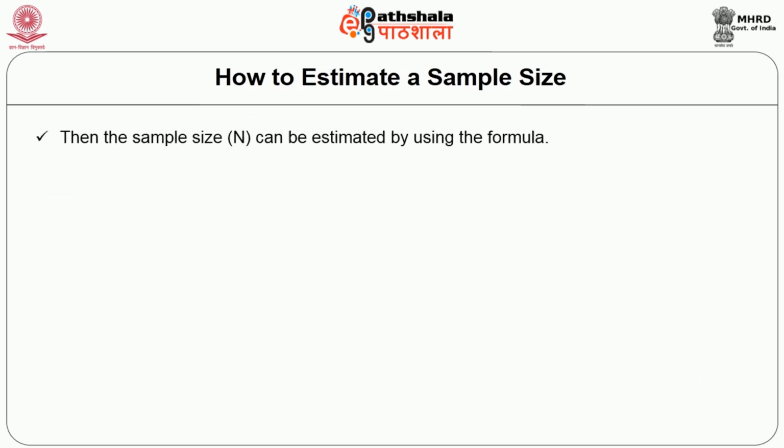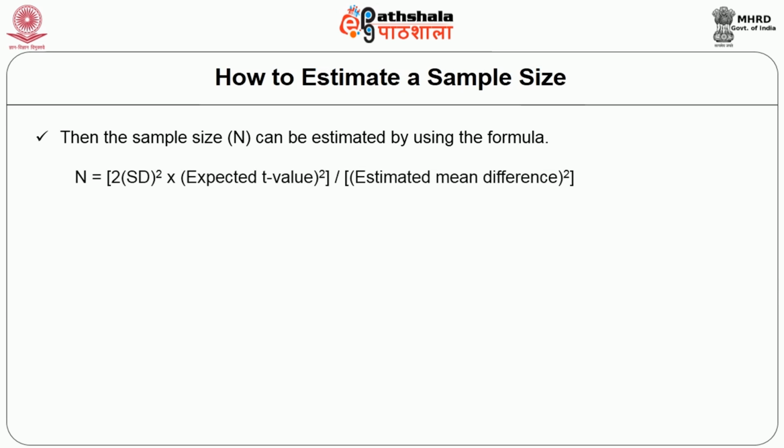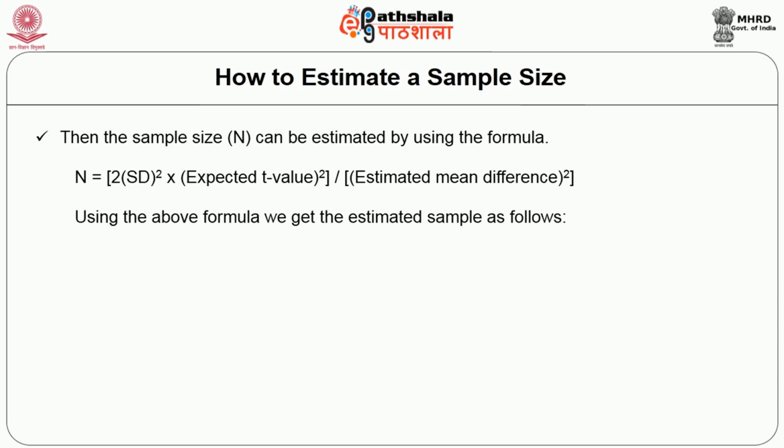Then the sample size, that is the capital N, can be estimated by using the formula N is equal to 2 multiplied by standard deviation square multiplied by expected t value square divided by estimated mean difference square. Using the above formula, we get the estimated sample as follows.